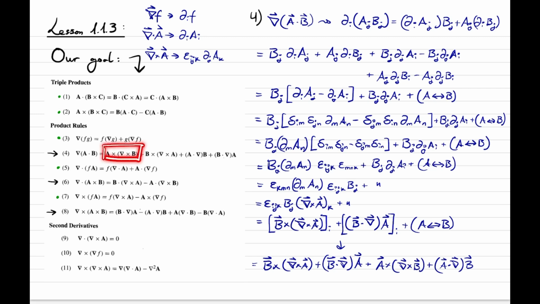We have A cross nabla cross B, it's here A cross nabla cross B. Now we have B cross nabla cross A, B cross nabla cross A, A dot nabla B, A dot nabla B, and B dot nabla A.